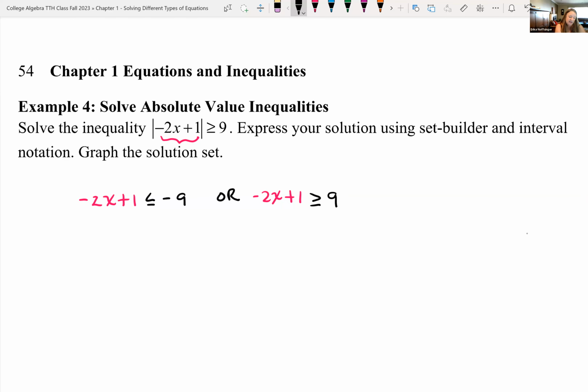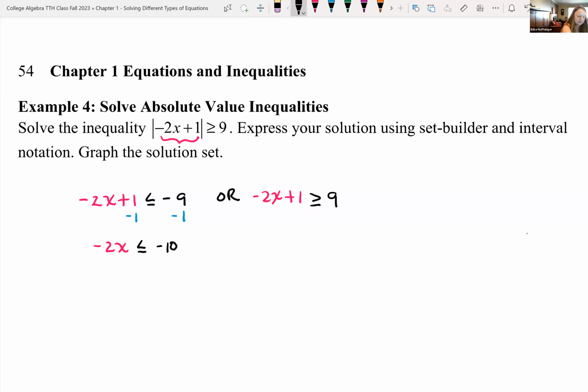So solving each one of these inequalities separately. We want to get x by itself on the left-hand side. For the first inequality, let's subtract 1 on both sides. We get -2x is less than or equal to -9 - 1, which is -10.